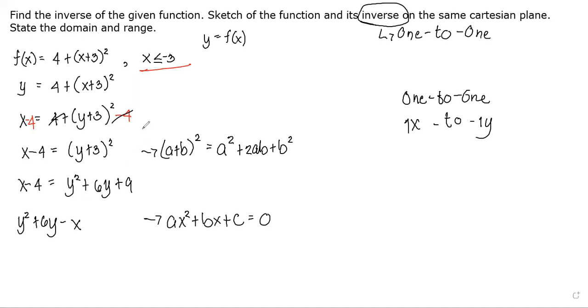Okay. Minus x plus 9 plus 4, di ba? Okay, so simplify natin yan, y squared plus 6y minus x plus 13. Kaya pala 13 yan eh. 9 plus 4, 10, 11, 12, 13.